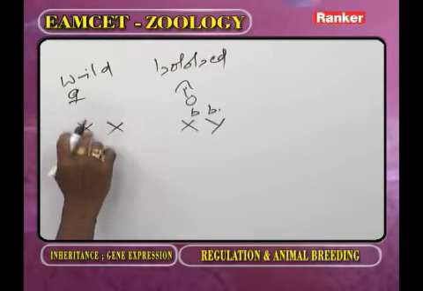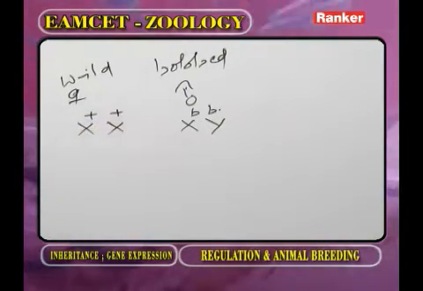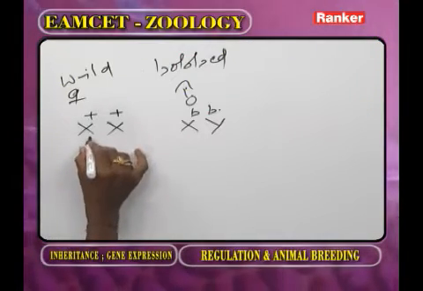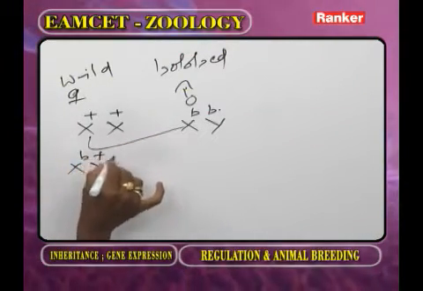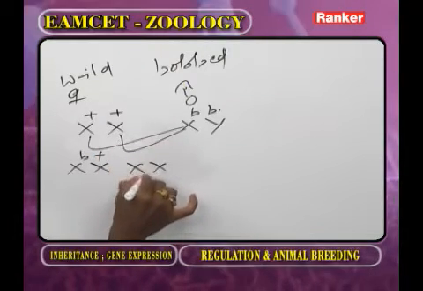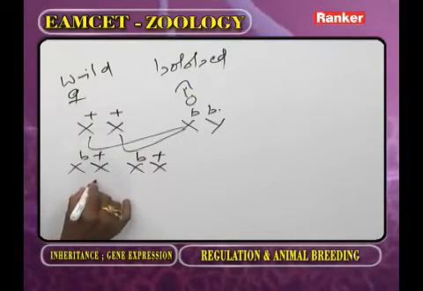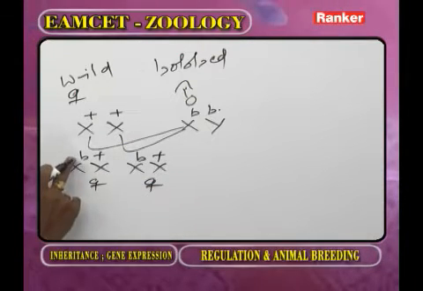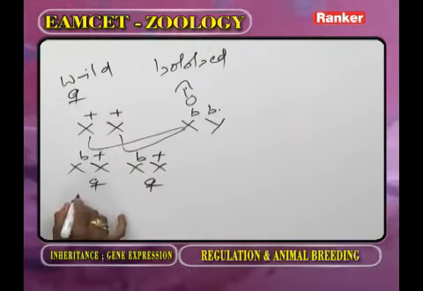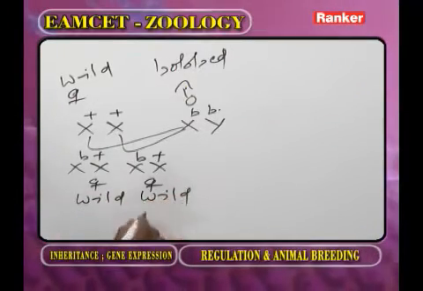The female is wild, that means plus plus. Okay, we go for the cross. Now XX small b plus, XX small b plus. This is female, this is female, small b plus, no bobbed bristles, wild. This is also wild.